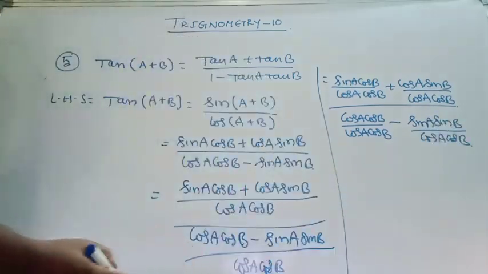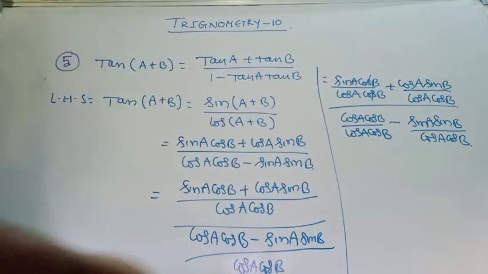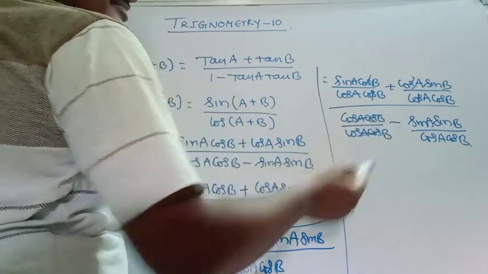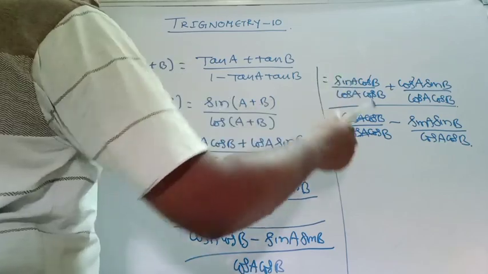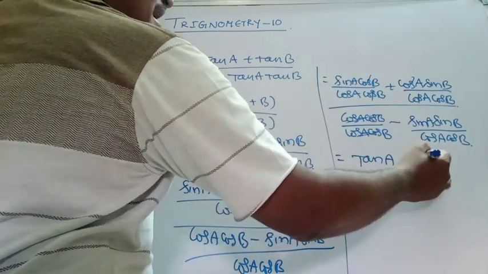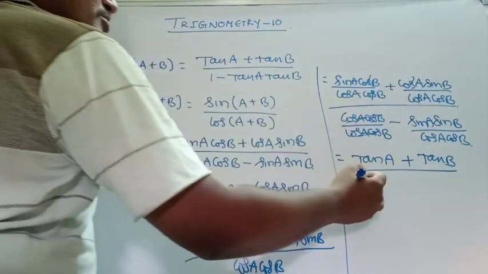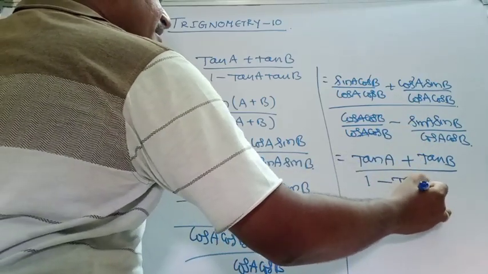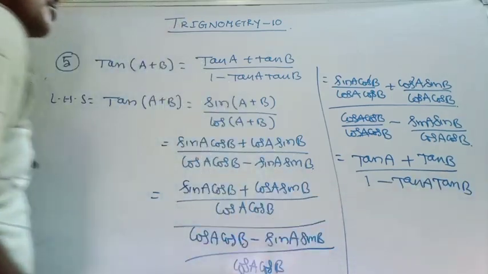Right? Now there are some terms we can cancel. Here cos B will cancel, here cos A will cancel, and here cos A cos B totally cancels, leaving sin A sin B by cos A cos B. Now you see my dear students, sin A by cos A becomes tan A, and sin B by cos B becomes tan B. In the denominator, 1 minus sin A by cos A, which is tan A, times sin B by cos B, which is tan B. Wonderfully, we have got this formula.